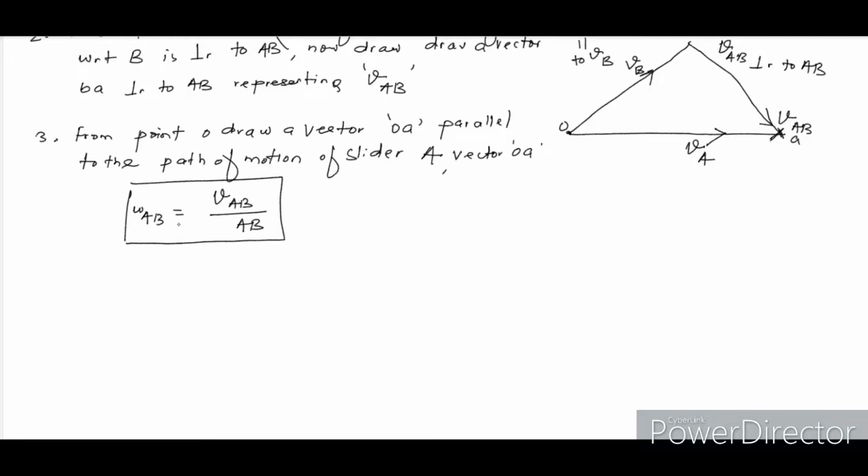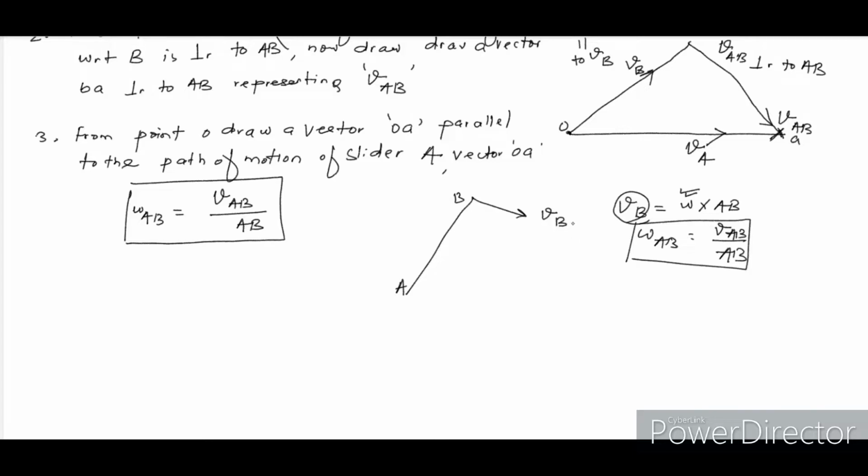Using this relation we can find, because we know that if we take any link, say AB, and this is the velocity of point B, so this velocity VB is always equal to the angular velocity multiplied with link length. So now we know this, we have to find this. So omega AB will be equal to VAB by AB. Clear? In this way you can find out velocities and angular velocity.